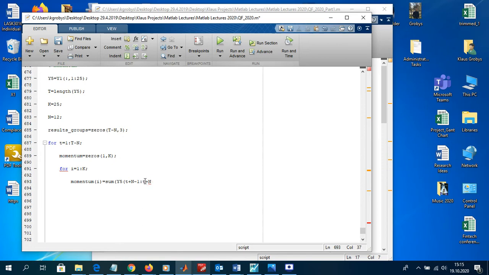If t is 1, this is actually true. So if t is 1, we take the sum from 1 plus 12 is 13, minus 2 is 11, until 13 minus 1, until 12. So we take just the monthly return. This means we store the monthly return, from t minus 13 until t minus 12, in this vector in position i, where stock i is located.